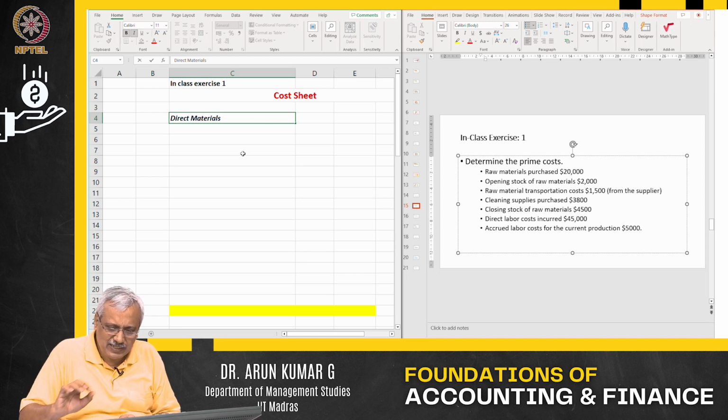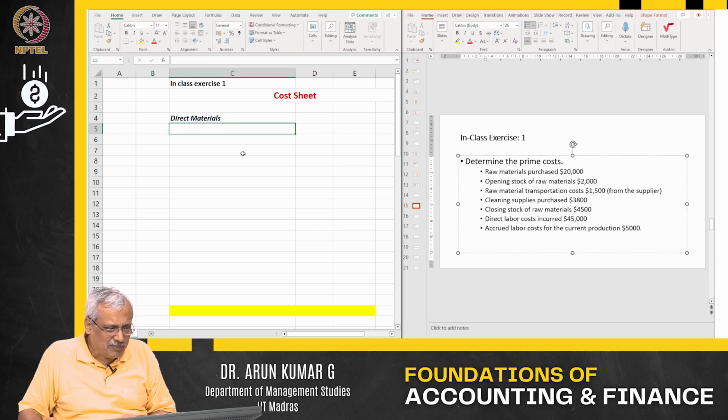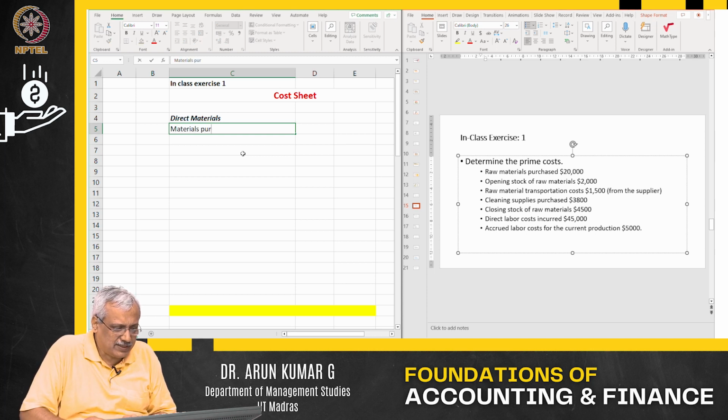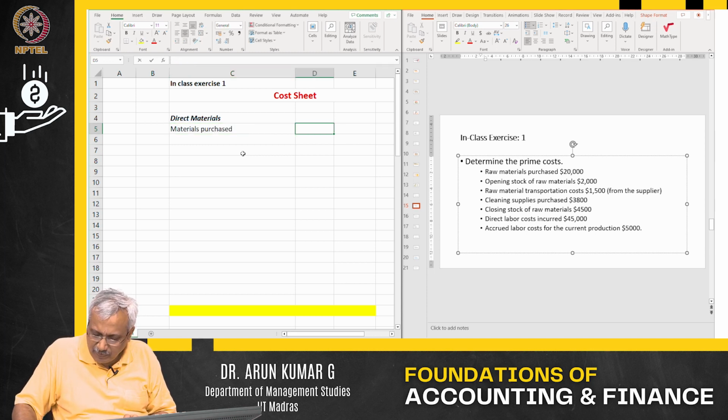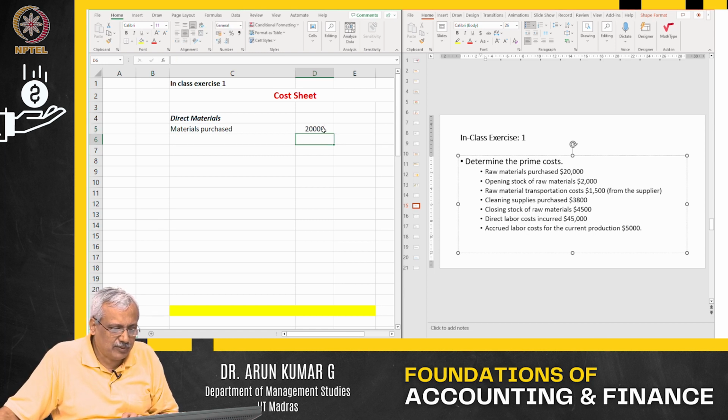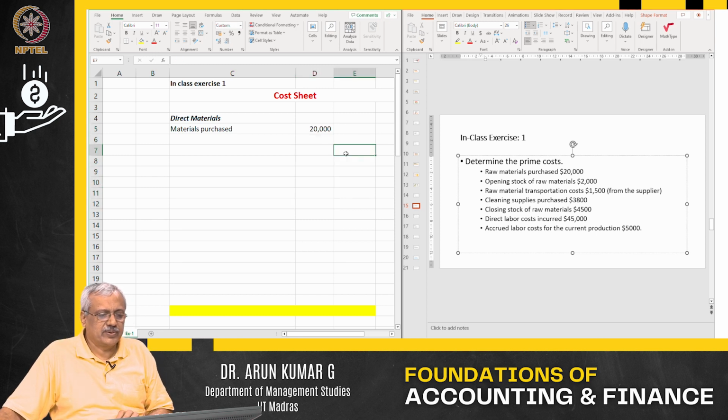So let us figure out. It says raw material purchased is about 20,000. Materials purchased is about rupees 20,000 in this particular case, and that is exactly what we will see here. I am just going to reduce the zeros.